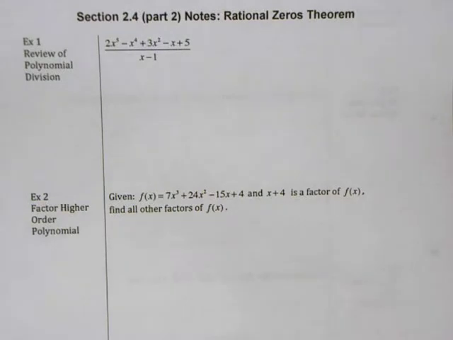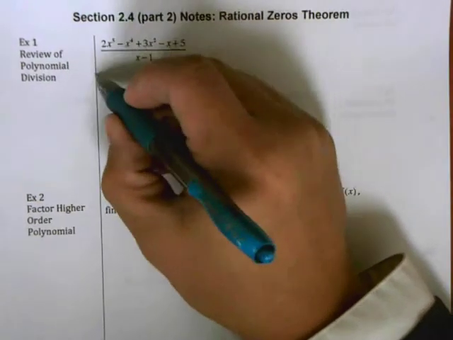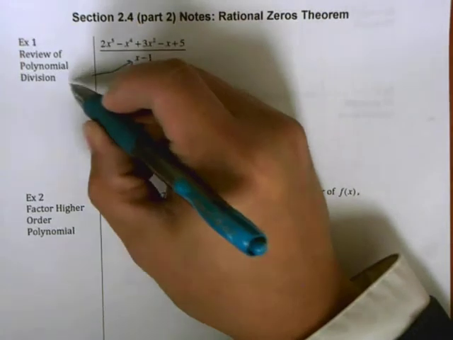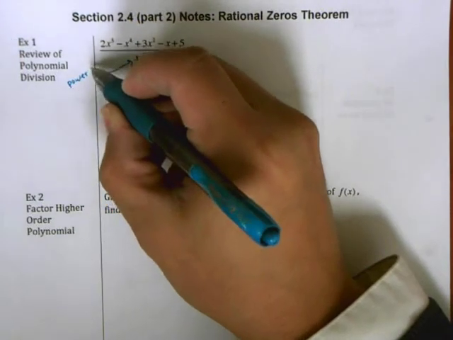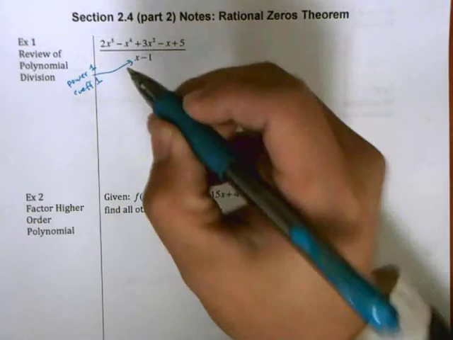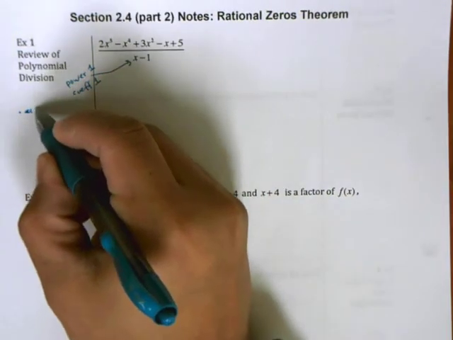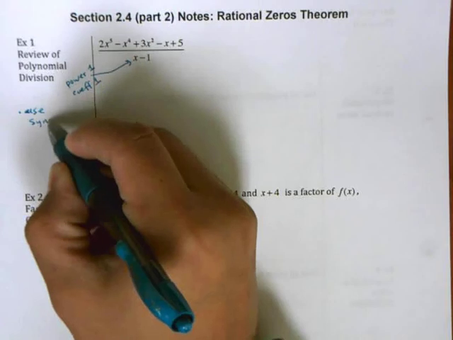We can see that for the divisor, this term here has a power of 1 and a coefficient of 1. So that means that we can use synthetic division.